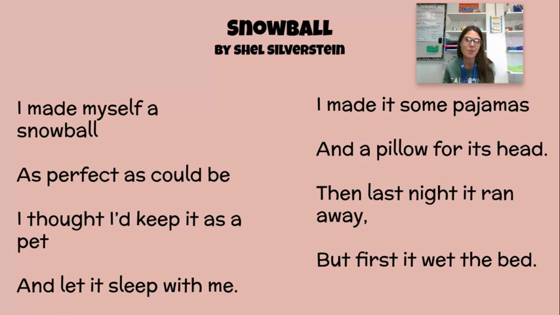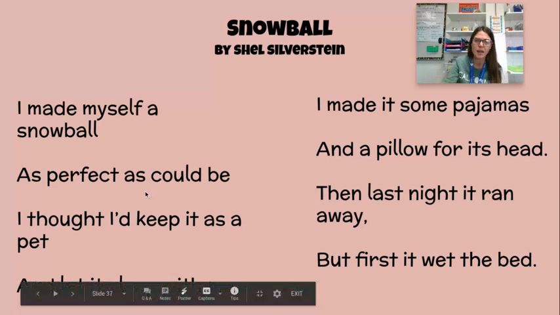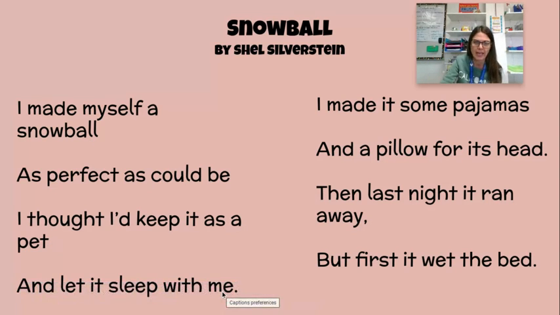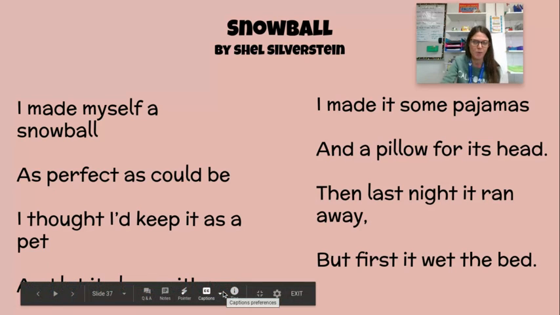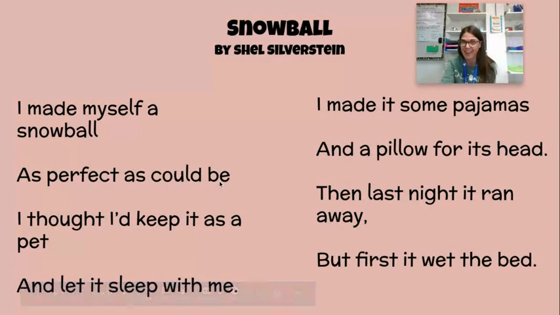And then do you see a rhyme scheme in here? So we're looking for those rhyming words. How about snowball and bee? Those don't rhyme. How about snowball and pet? Nope. How about snowball and me? No, but I do see that me rhymes with B. Okay, so remember we always start with A. So this line is A and nothing rhymes with it.